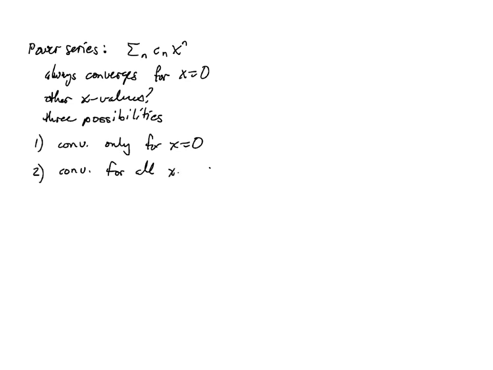Obviously, these both can't happen simultaneously, so the first one or the second one. Or the third possibility is that it converges exactly on some interval centered at x equals 0.